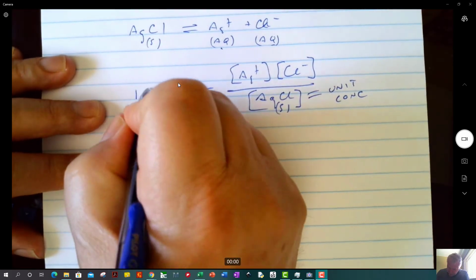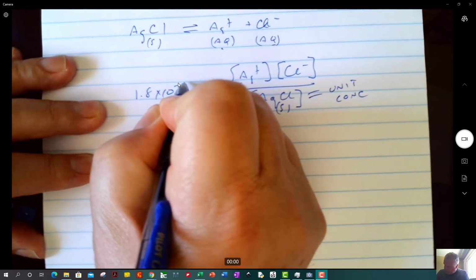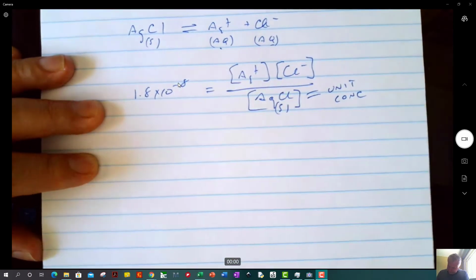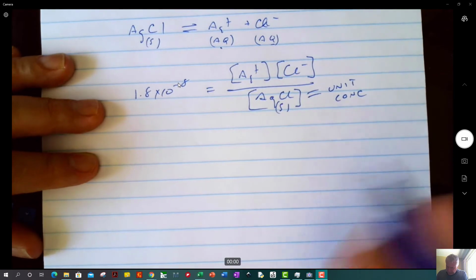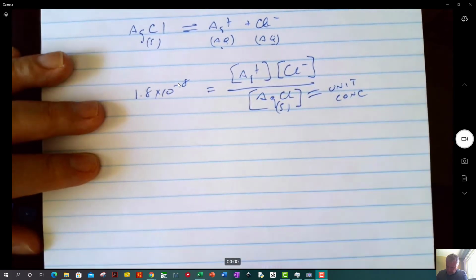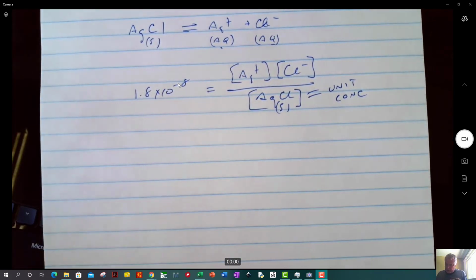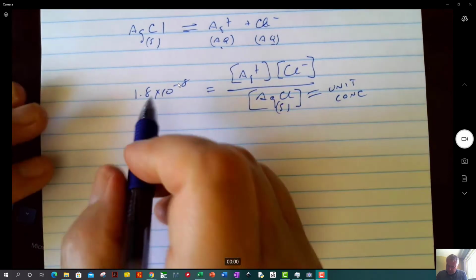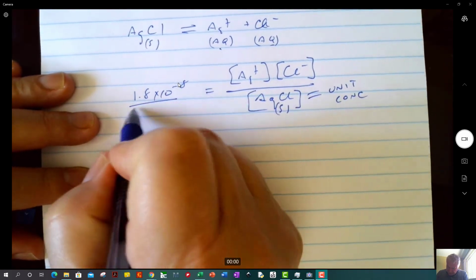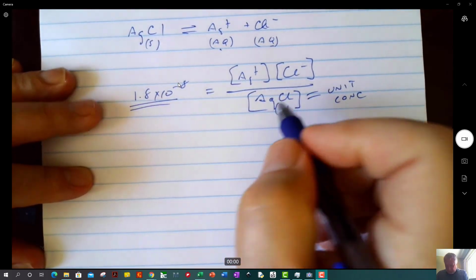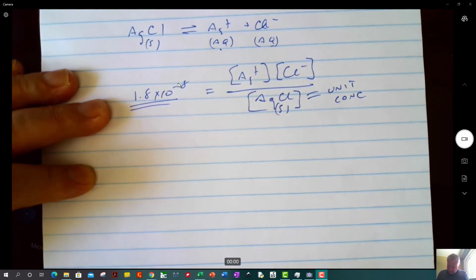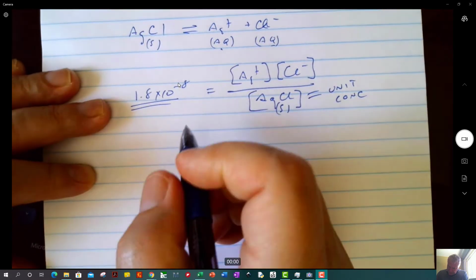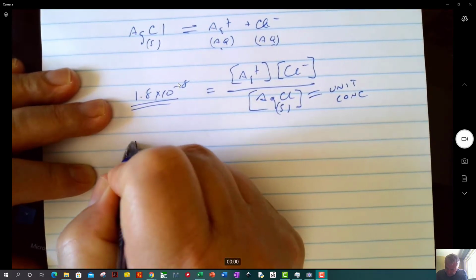So this is 1.8 times 10 to the minus 8, right? And so whatever effective concentration this has, it's the same whether there's a lot or a little in solution.